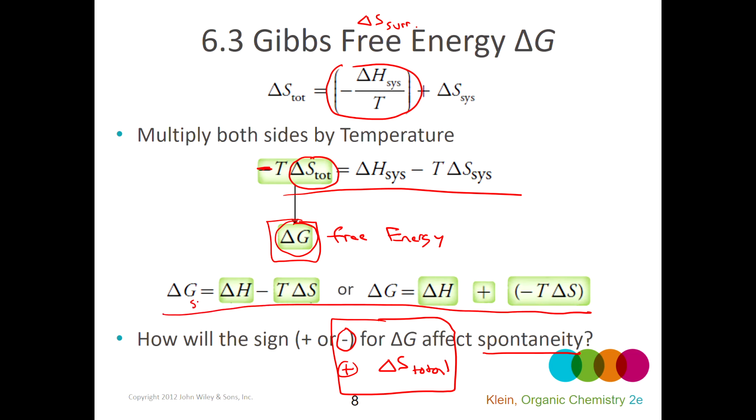It puts everything in terms of the system, and I can look at the signs here for whether the process is increasing in variety or decreasing, or whether the process is increasing in potential energy or decreasing. And I can look at the signs there and then say something about whether this process should actually produce products in a significant quantity or not. And that's really what we're trying to get at here. We want to know, do these reactions produce a lot of products or not?